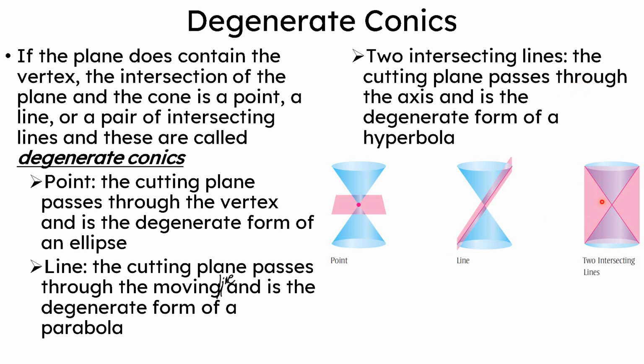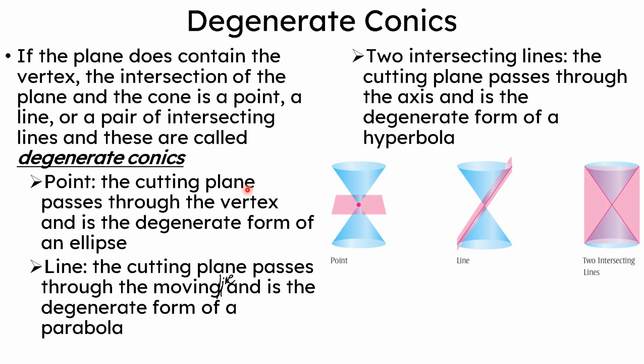If the cutting plane passes through the axis, the line that is not moving when you generate the cone, and passes through the vertex, then you don't have a hyperbola. You only have two intersecting lines. So the point is the degenerate conic of a circle or ellipse. A line is the degenerate form of a parabola, and two intersecting lines the degenerate form of a hyperbola.